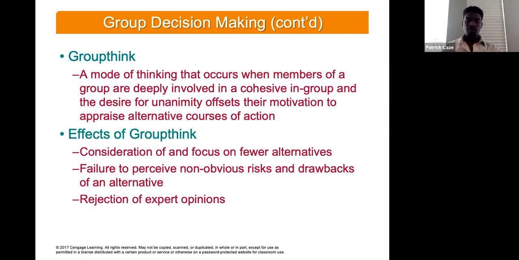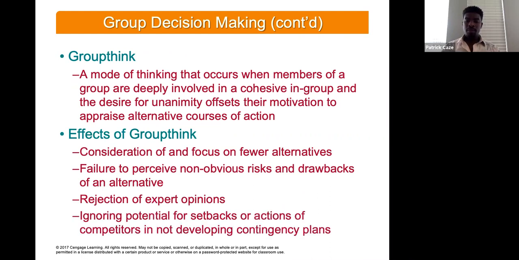All right. So one thing about groups, we have something called groupthink. Groupthink is basically when you have one person who has an idea or decision or a course of action, and everyone else follows along because they are really afraid of upsetting the person that's promoting this idea, or they don't want to go against the person that's advocating for this particular course of action.